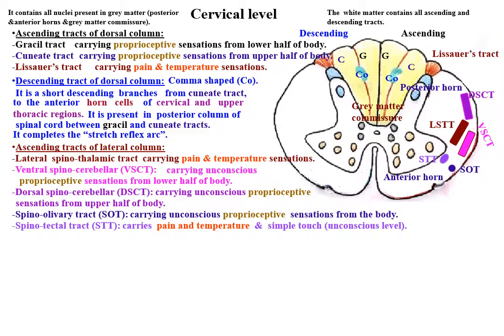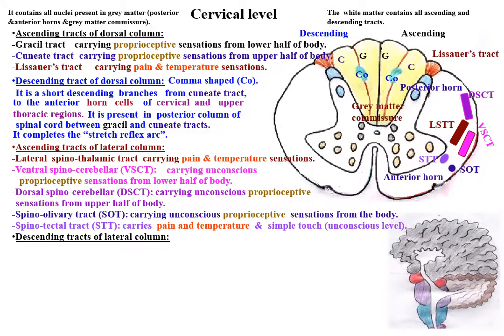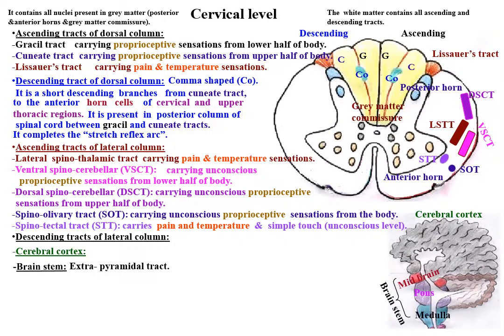Descending tracts of the spinal cord are coming either from the cerebral cortex or from the brain stem: midbrain, pons, and medulla. Those coming from the cerebral cortex are the pyramidal tracts, crossed pyramidal tract.